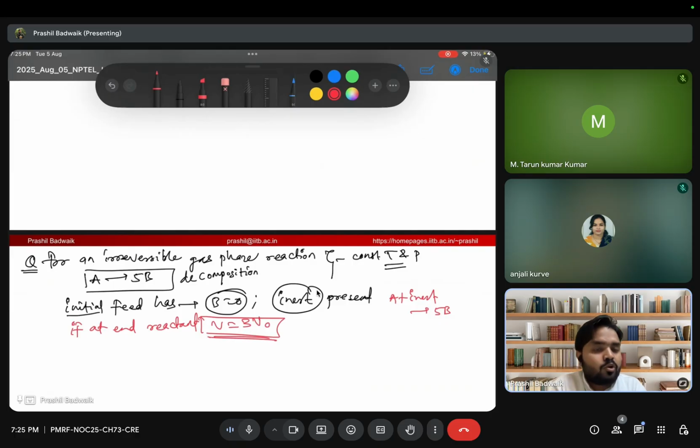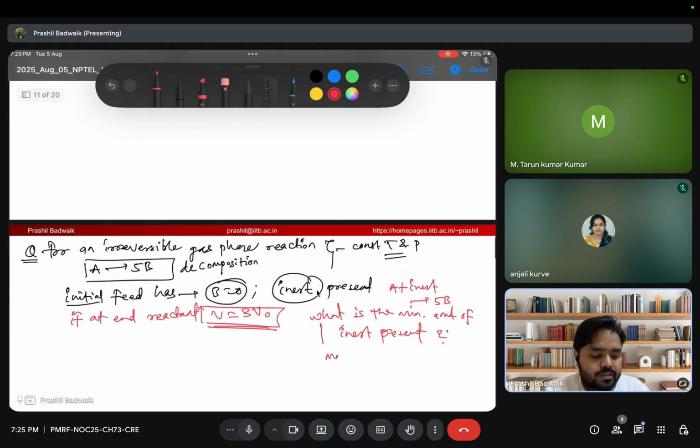So the initial volume times 3 gives the final volume. What is the minimum amount of inert present at the start? We need to calculate it as a mole fraction. What is the mole fraction of inert at the start?